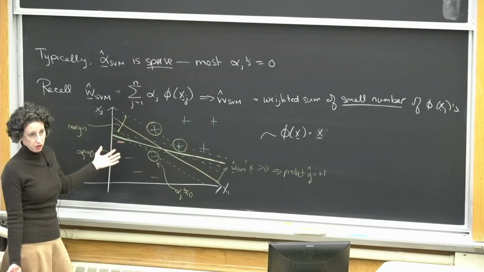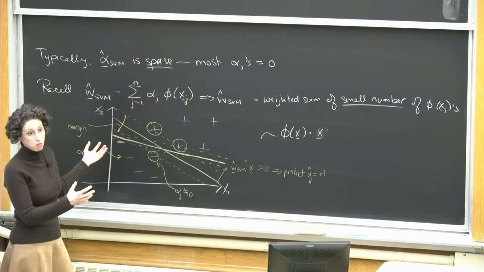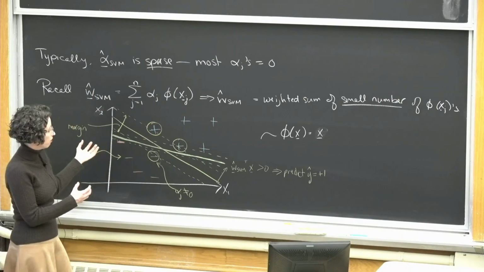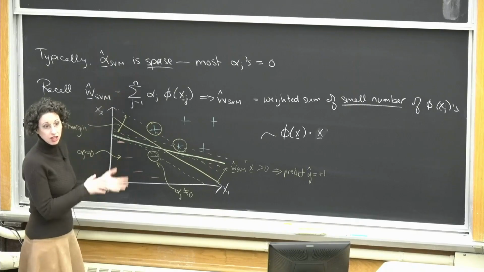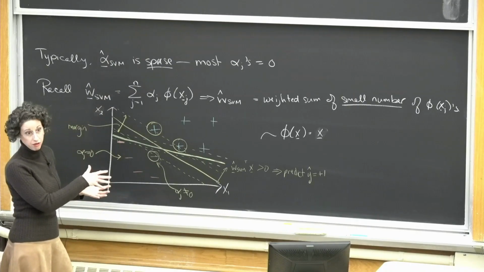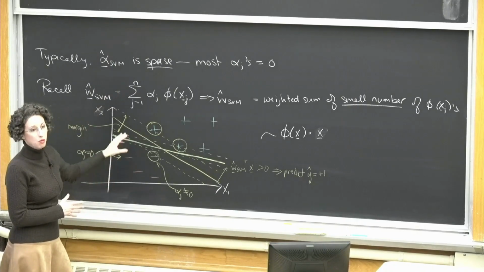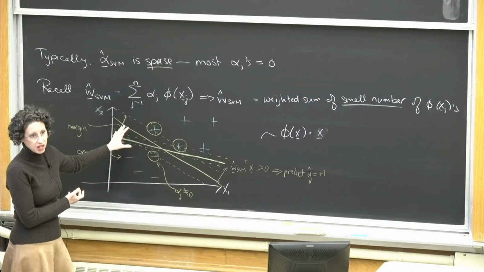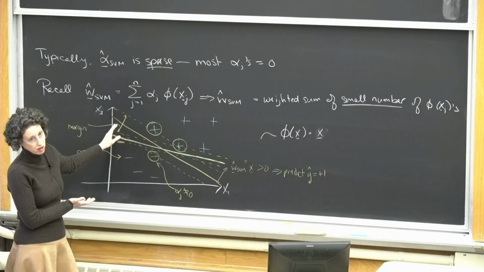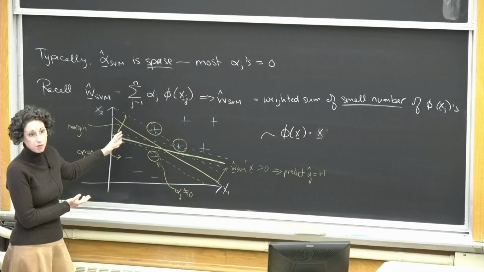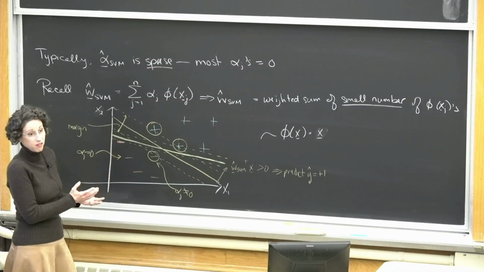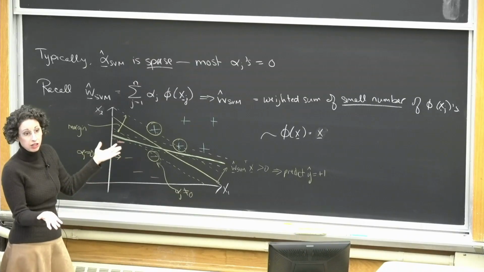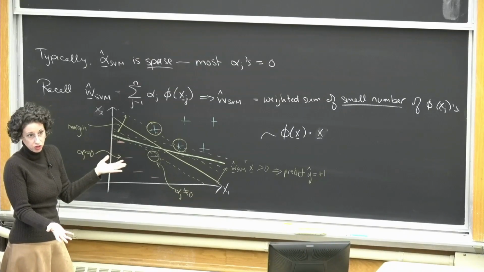But in general, we're in much higher dimensions, and so you do have more feature vectors that have non-zero weight and that basically are support vectors. So you only have a small number in this case, and it looks a little contrived because we're only drawing this in 2 dimensions. But in higher dimensions, you would have many more support vectors because you need more points to define a linear separator in higher dimensions.